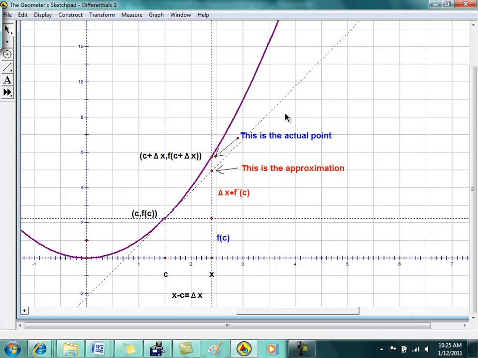So the x value there is the same as there. My claim is that the y value on this tangent line is very close to the y value on this graph. So in other words, this y value here is an approximation to that y value there. You guys with me on that?